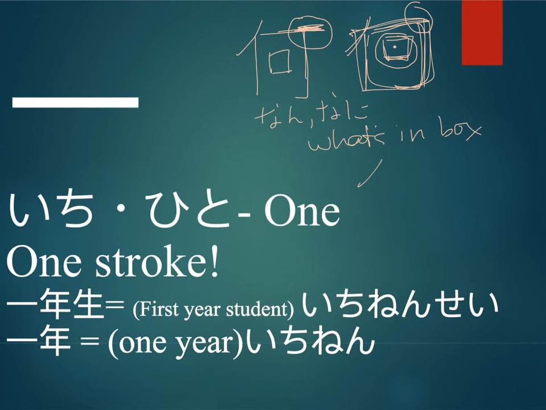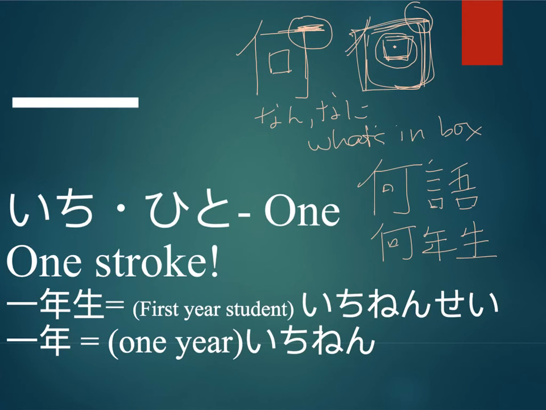And so this is nani go would mean what language, and then of course you have nan nen sei, what year are you? So those are so far, those are 2 kanji compounds that we know of.